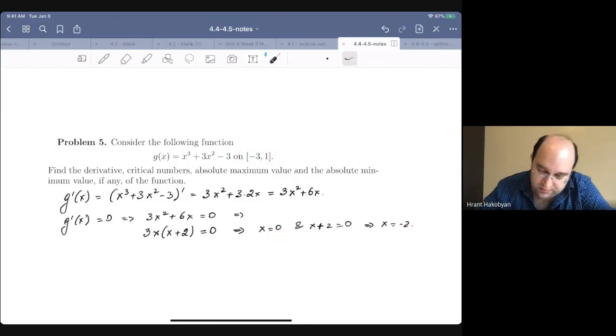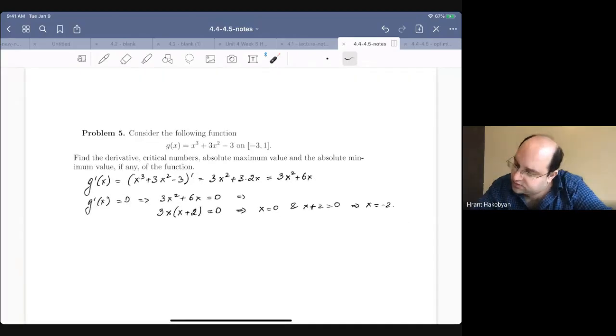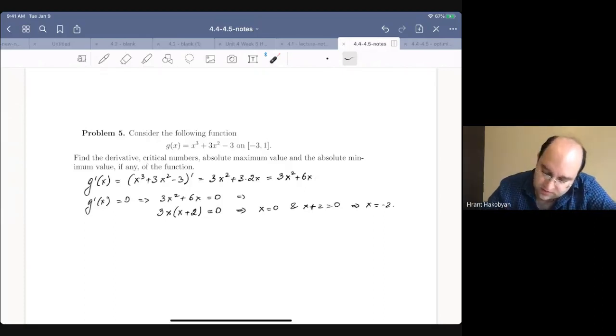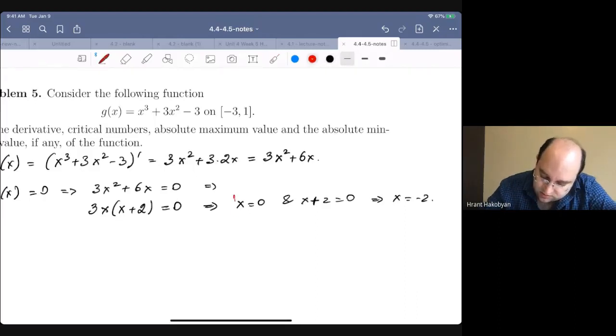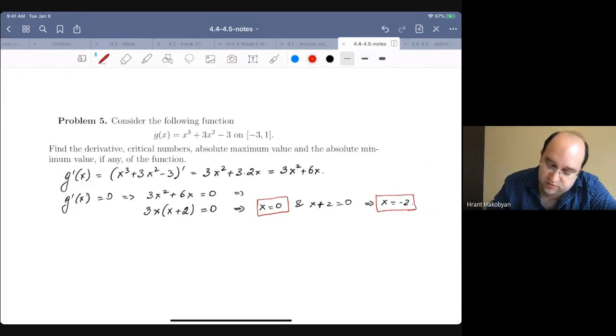So actually, let me check. Right. Okay. So I have 2 critical points. And now I'm going to find the absolute maximum value and absolute minimum value. What do I have to do? I have to calculate the values at these points.